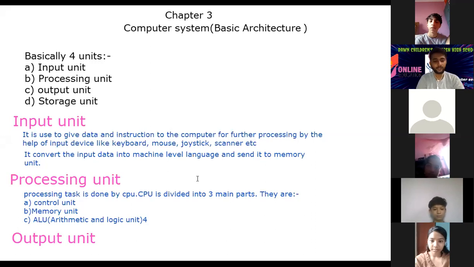So just look here, output unit. Output unit is the device. That means output unit is a device, a machine, which gives the output of the process or meaningful information. That means what?